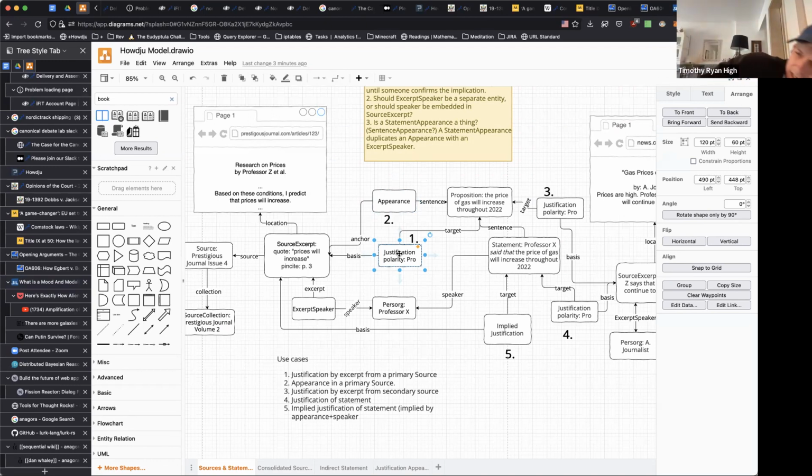Okay, yeah, that last point, I'm not quite grasping it, so I'll have to think through it. But what I was going to say is, you used the key word there, which we have used a bunch when discussing this, which is interpretation. What you're calling appearance here, in other words, there's a standalone proposition, and here's one place it shows up in the text, we have called an interpretation: this source can be interpreted as this proposition.